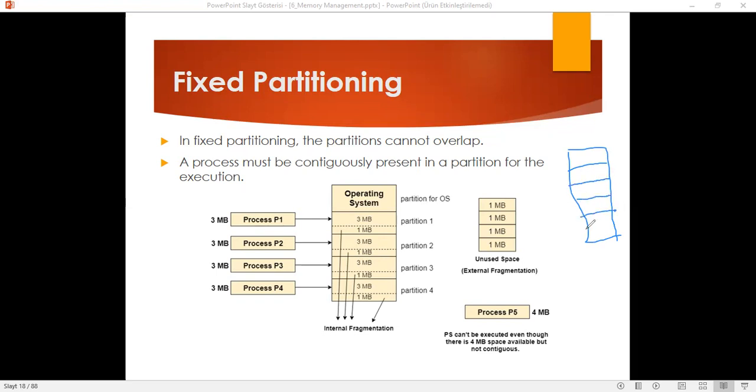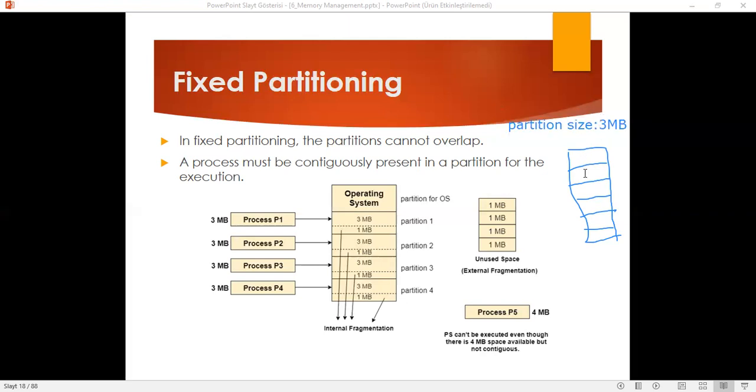Let's say all the partitions' size, let's say 3 megabytes each of them.